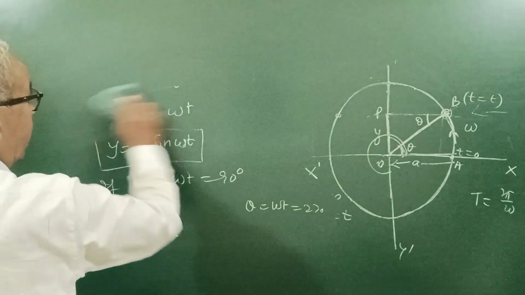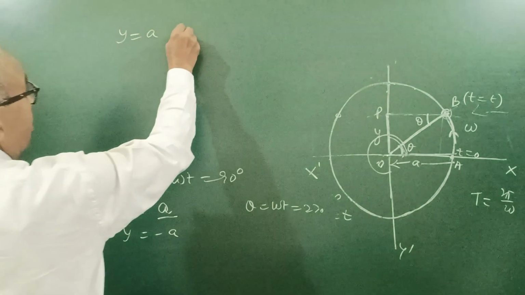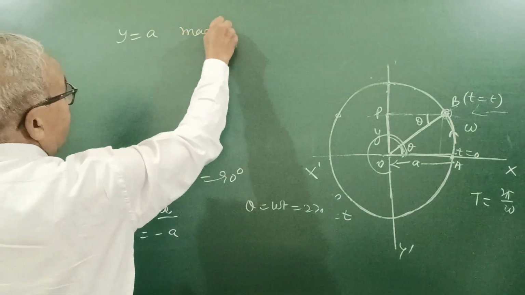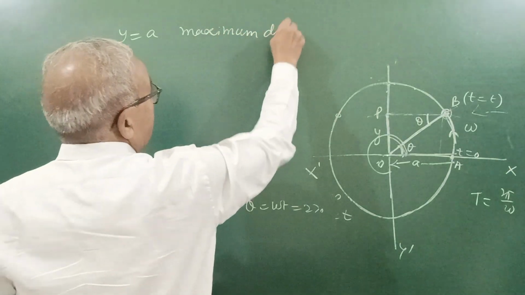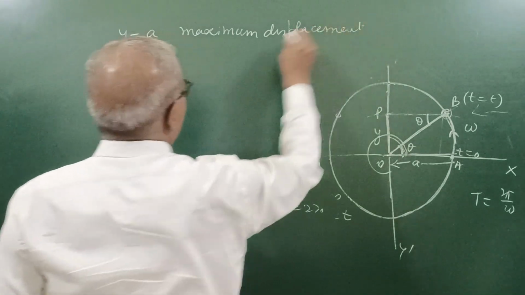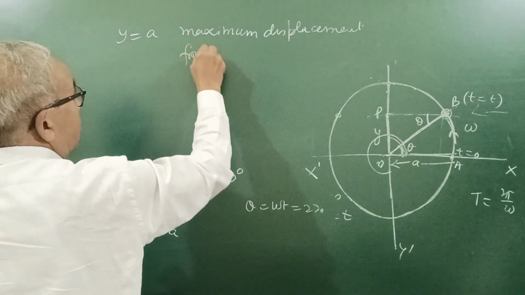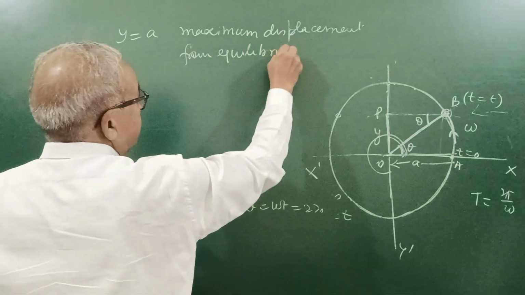Y equal to A means maximum displacement from the equilibrium position.